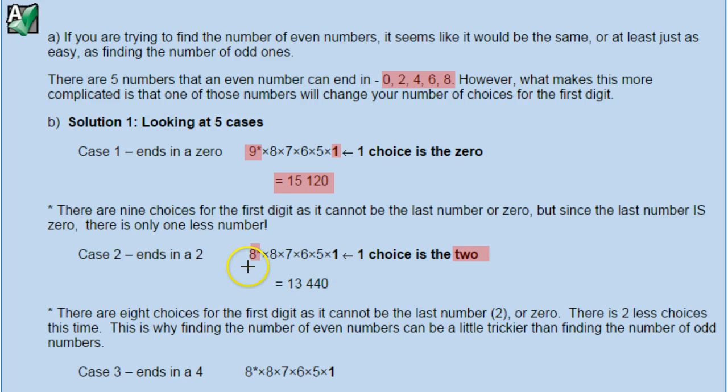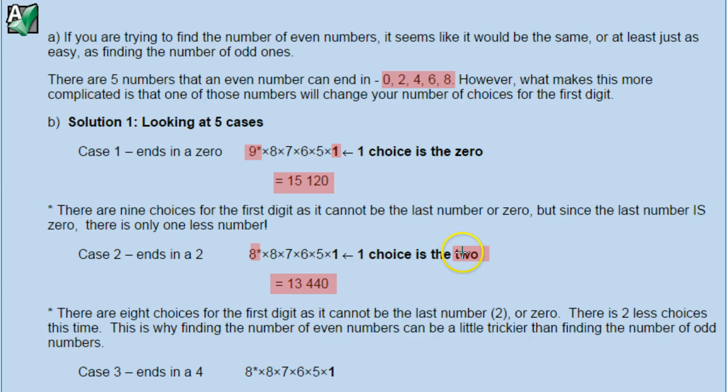So in this case, we've got 8 times 8P4 times 1. Or sorry, my apologies, that would be 1 times 8P4 times 1. I have a feeling I made a mistake earlier. And when we figure out how many possibilities there are, 13,440.